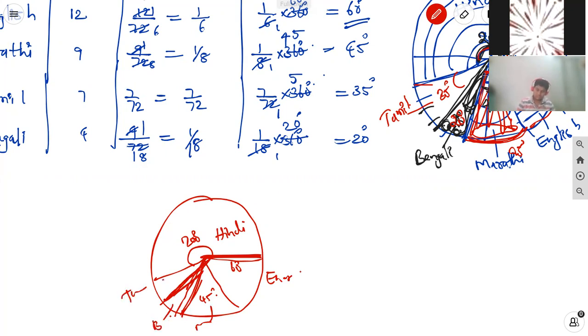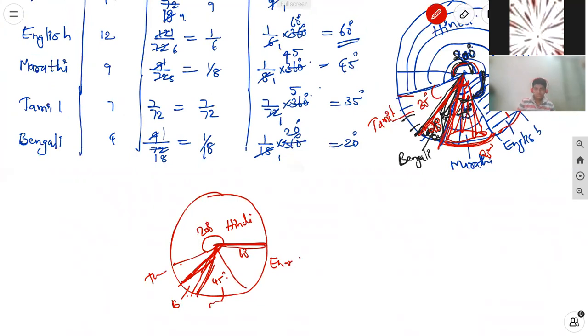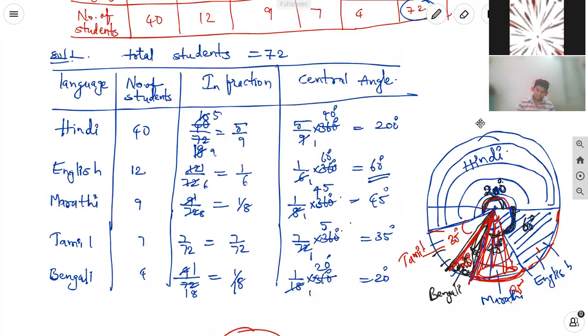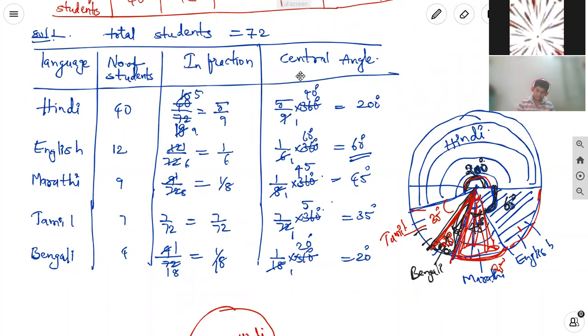Just the angles are more or less. It's important. Okay. Is it clear? First, we take the fraction, next the central angle. From the central angle, we divide the angle and show the languages. The languages are Hindi, English, Marathi, Bengali, Tamil. Okay.